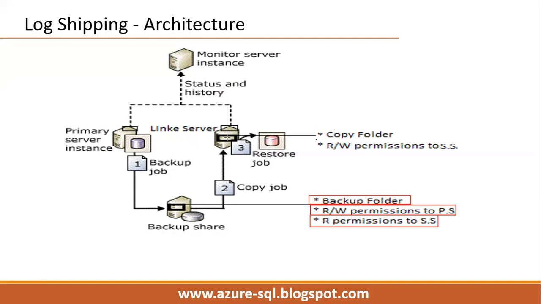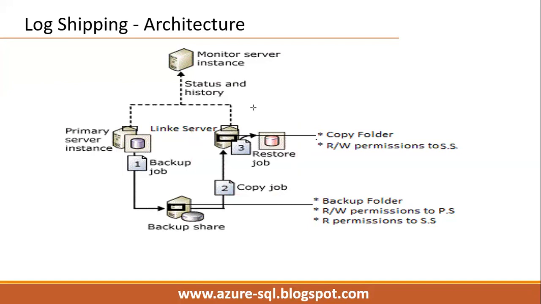On the copy folder, we only have to grant read and write permissions to the secondary. Why? Because both the jobs are running on the secondary server. These are the respective jobs, and two folders are required to set up log shipping.